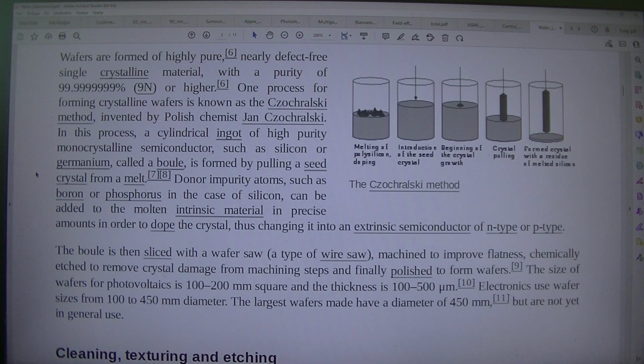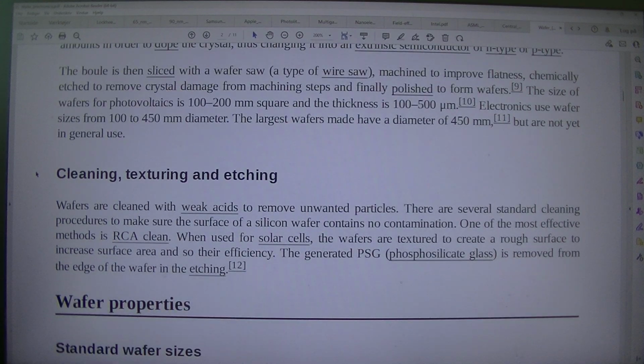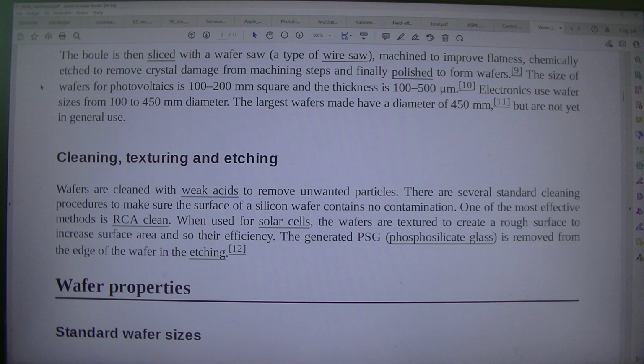Donor impurity atoms, such as boron or phosphorus in the case of silicon, can be added to the molten intrinsic material in precise amounts in order to dope the crystal, thus changing it into an extrinsic semiconductor of N-type or P-type. The boule is then sliced with a wafer saw, a type of wire saw, machined to improve flatness, chemically etched to remove crystal damage from machining steps, and finally polished to form wafers.